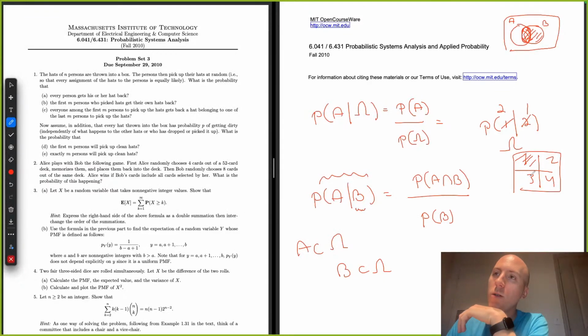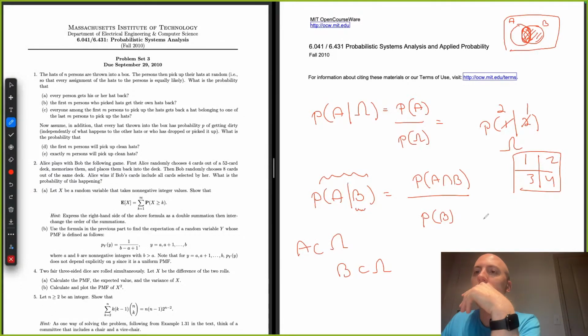But we don't want that to be the case. Yeah, so we just have to redefine what these events are. Interesting.